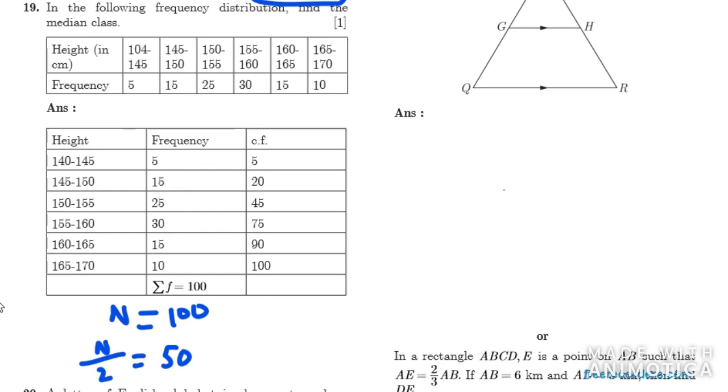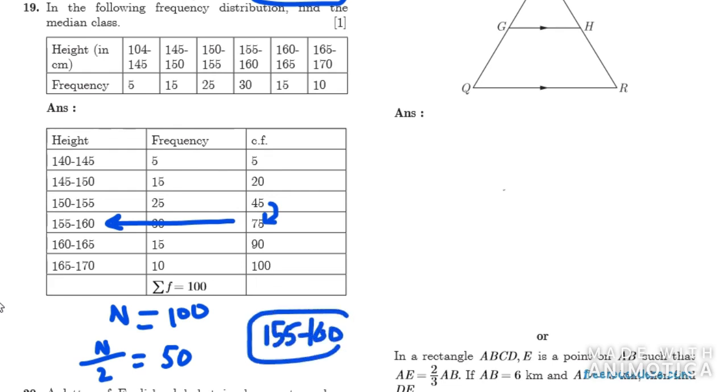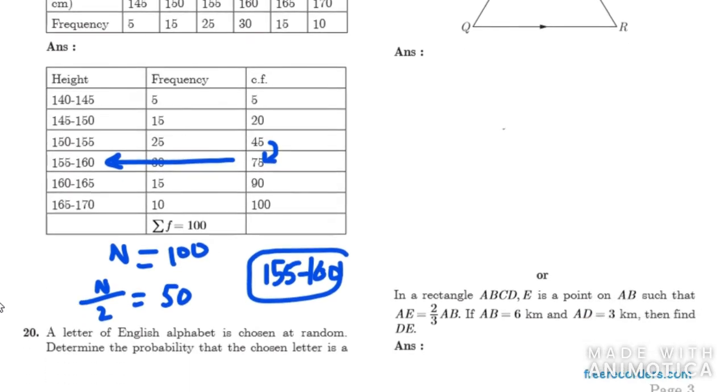Now 50 is closest to, after 50 we have number 75. That means the median class for this be 155 to 160.